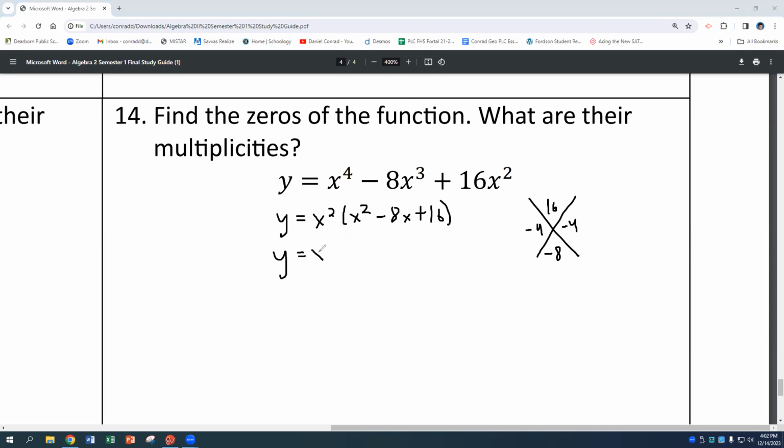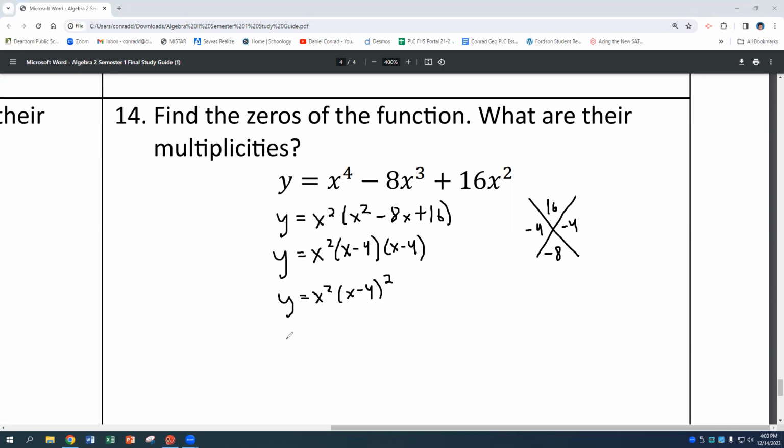So you get x squared and then x minus 4, x minus 4. All right, so that's the same as writing it as x squared and then x minus 4 squared.